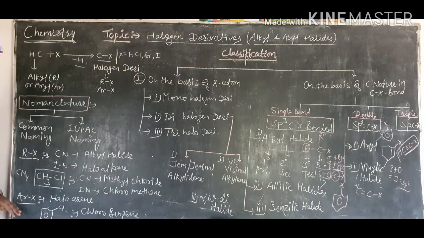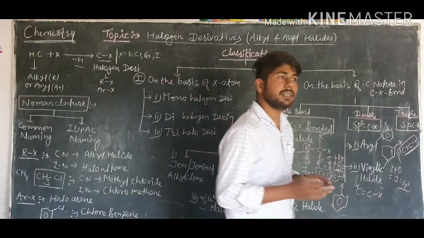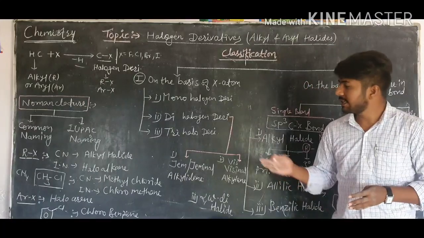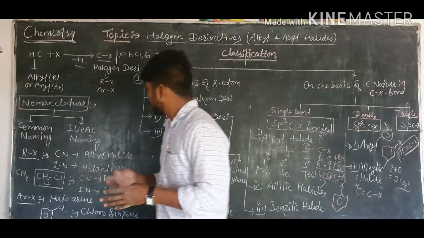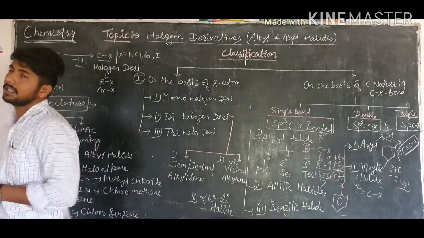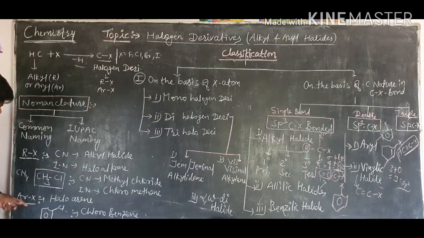And the second is aryl halide. For aryl halide, the common naming and IUPAC naming are both the same. We write aryl halide with only one type of naming, which is haloaryl.